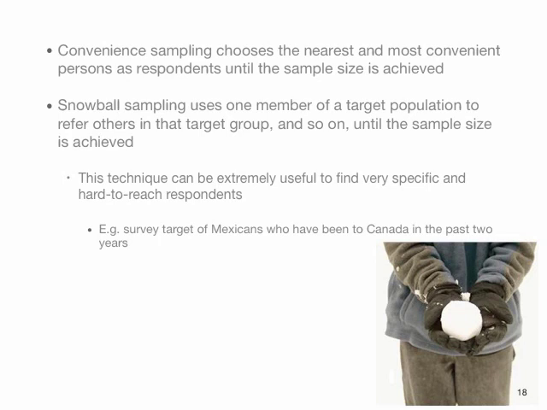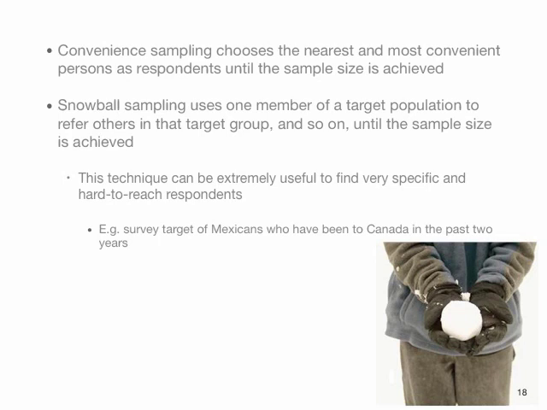Snowball sampling is sometimes used, especially when it's a very difficult group that you're trying to target. So you use what's called a snowball sample in order to get at this very difficult to reach group. An example of this is you want to talk to a group of Mexicans who have been to Canada in the past 2 years.